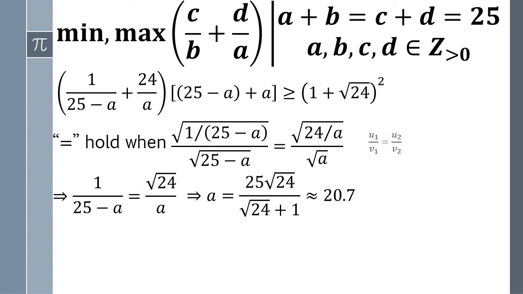This is the minimum value of H(A) and the value of A when we don't consider that A is an integer.